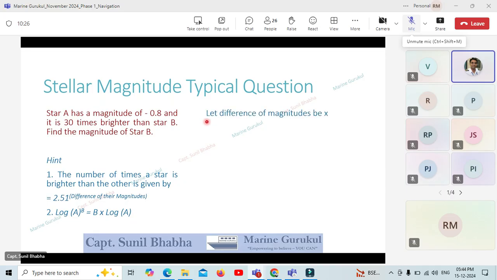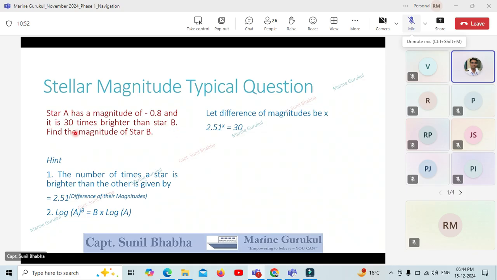First of all, let's assume that the difference of magnitudes between the two bodies is x. If the difference of magnitude between the two stars, star A and star B, is x, that tells us 2.51 raised to power x should be equal to how many times one star is brighter than the other. Now this is given to us in the question.